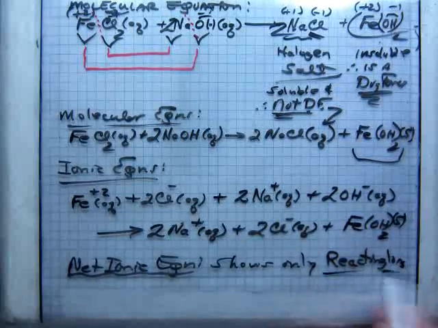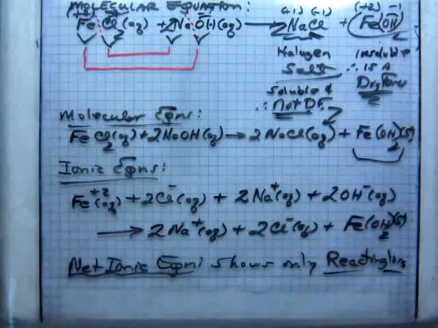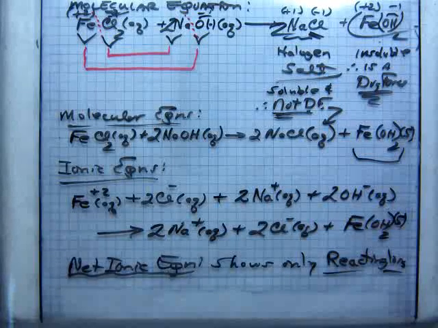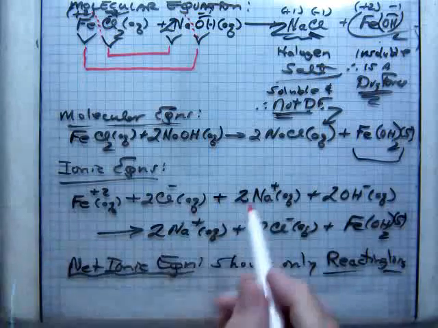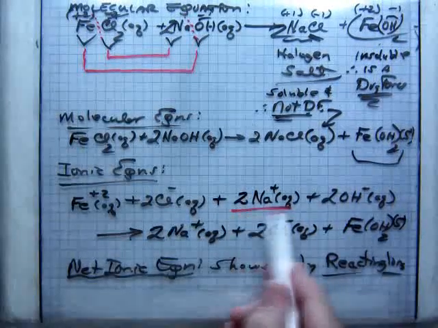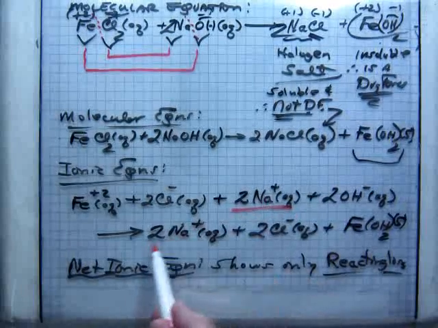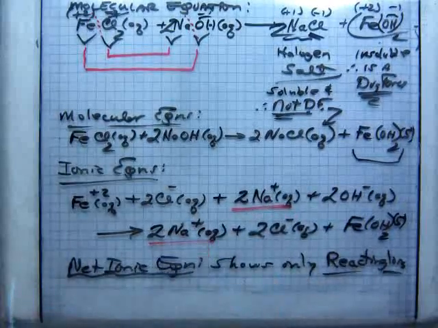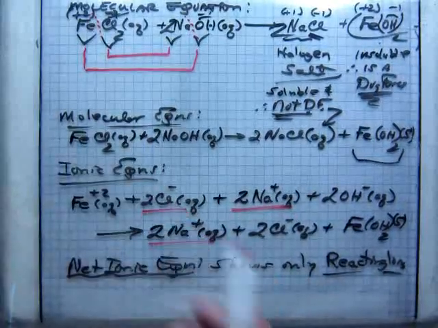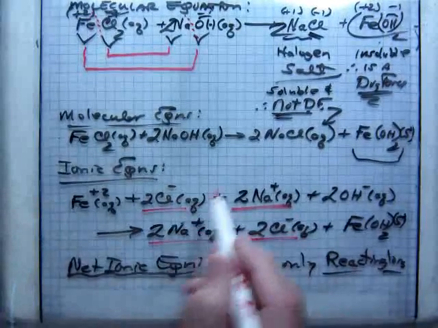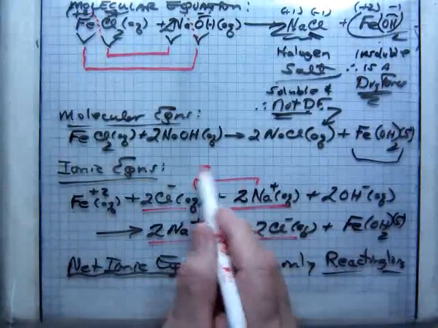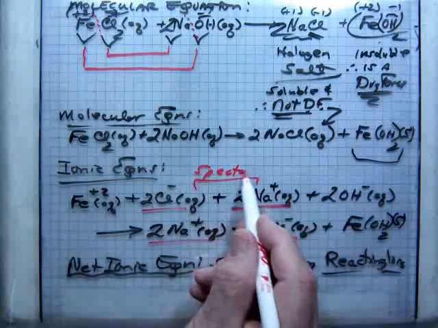It shows only the reacting ions. The other ions are referred to as spectator ions. How do you find those? Well, if you look, you see sodium on the left and sodium ion on the right, as well as chloride and a chloride. These are spectator ions.